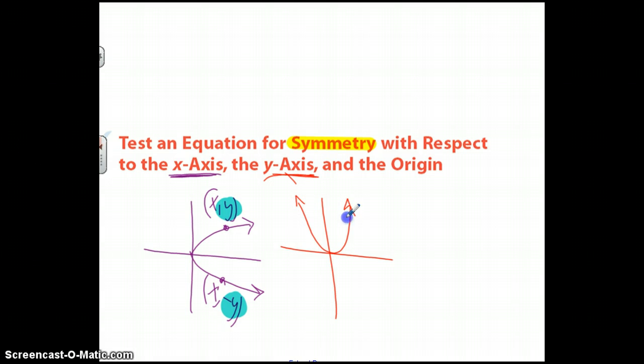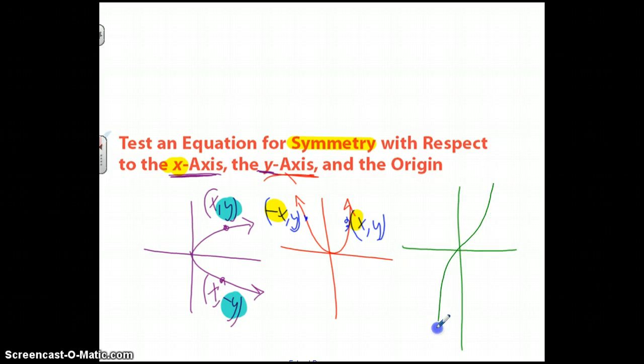I'm replacing not y with negative y, but I'm replacing x with negative x. So they're opposite. So for x-axis symmetry, I'm replacing the y's. For y-axis symmetry, I'm replacing the x's. And for the origin, it's reflecting over the x and the y at the same time.